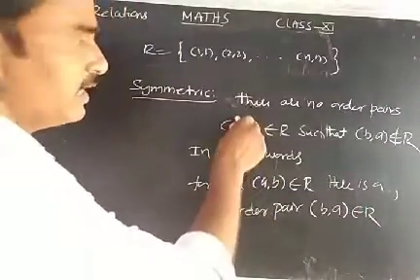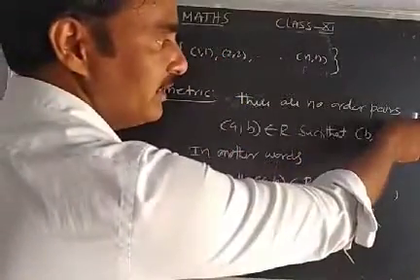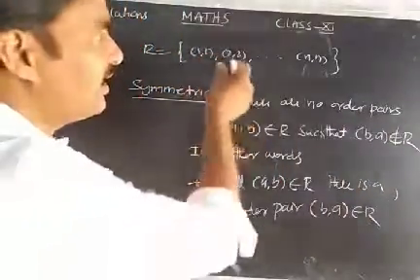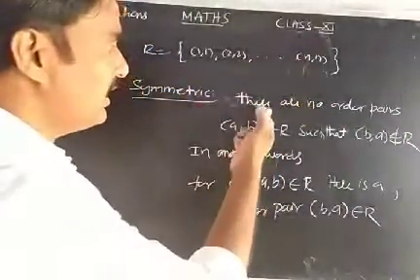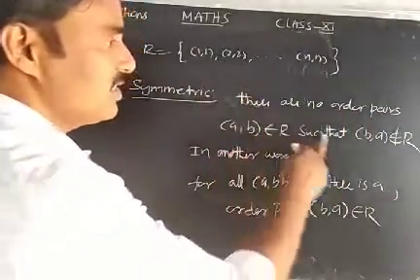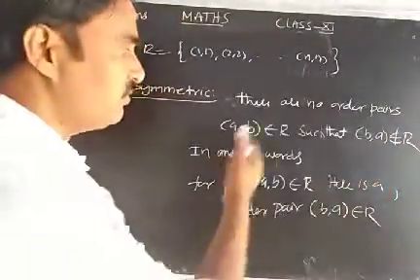If two different elements exist in an ordered pair, you interchange them and show whether it belongs to R or not. Here two different elements do not exist in any ordered pair, so directly you can write this condition: there is no ordered pair in this R such that (b, a) does not belong to R. So therefore it is symmetric.